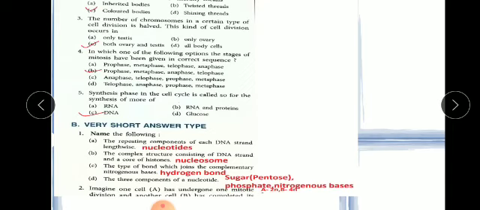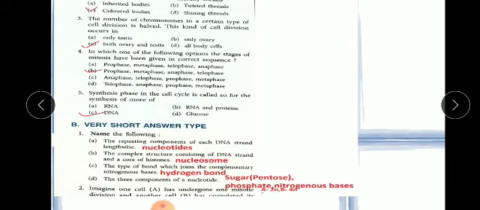Now, very short answer type you can see. First one is name the following. In the name the following, A part is the repeated components of each DNA strand lengthwise are known as nucleotides. Now, B part is the complex structure constituting DNA strand and a core of protein octamer, that is called nucleosome. Now, the type of bond which joins the complementary nitrogenous bases is hydrogen bond.